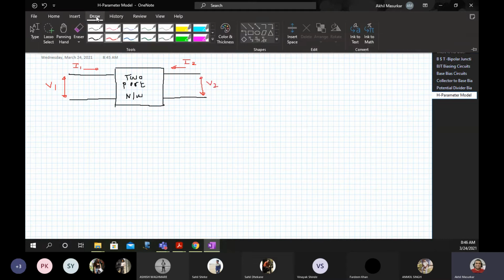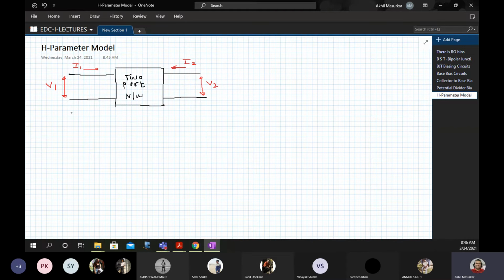So what are these V1 and V2? As far as the H parameter model is concerned, we are looking at V1 and I2.